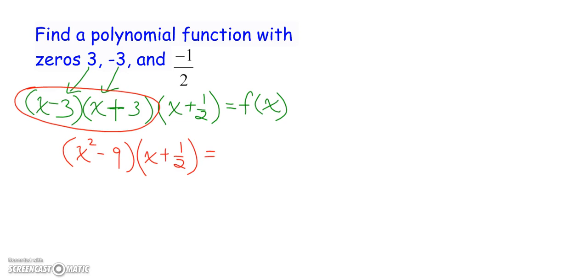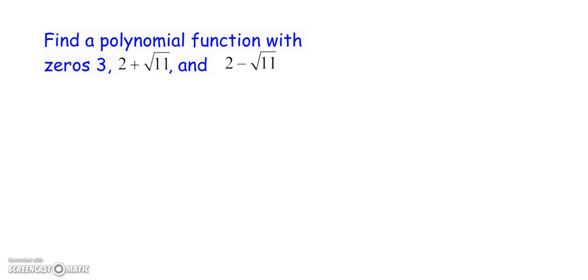So I do one quick FOIL, get x to the third plus 1/2 x squared minus 9x minus 9 over 2. That is my function. That has 3, negative 3, and negative 1/2 as its zeros. If you know the zeros, you know the factors, because they are only one step different.